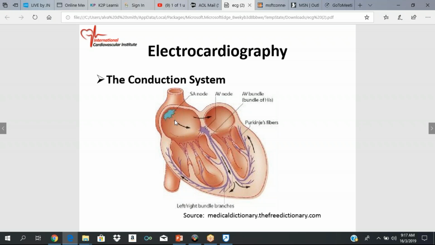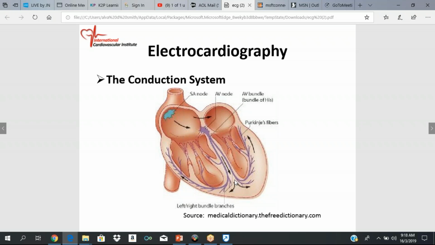and then it travels through some specialized wiring or conduction system in the atrium. Then it comes to the AV node. It slows a little bit. So when it gets to the AV node, it slows a little bit, and then it travels through the bundle of His right there. First, it travels through the left bundle branch, and then it goes to the right bundle branch.